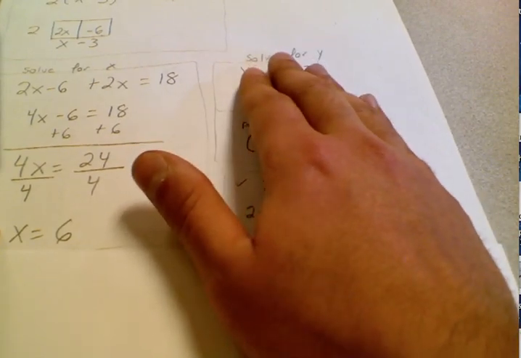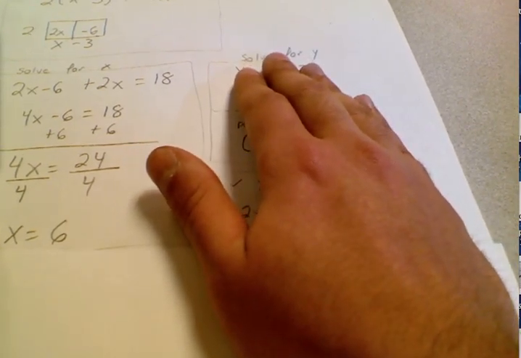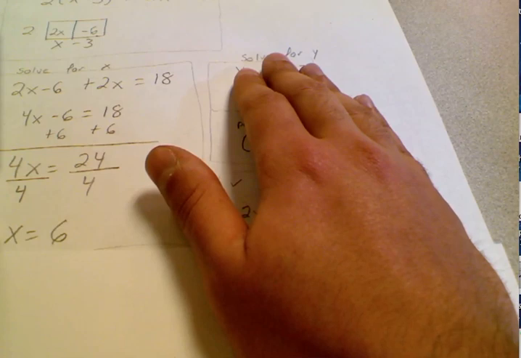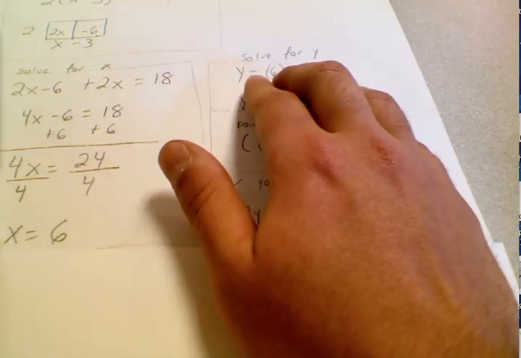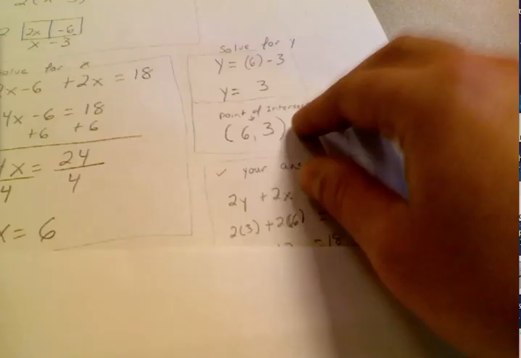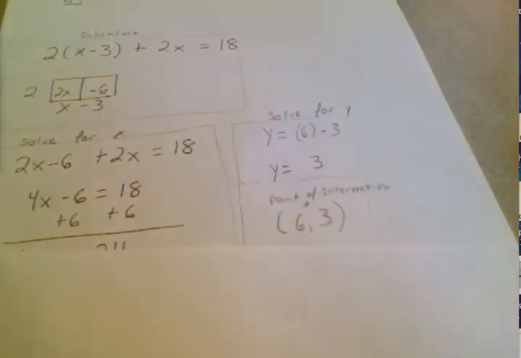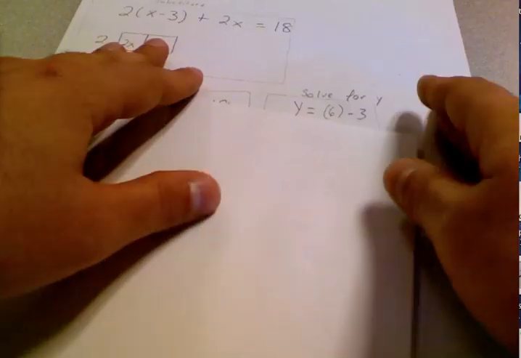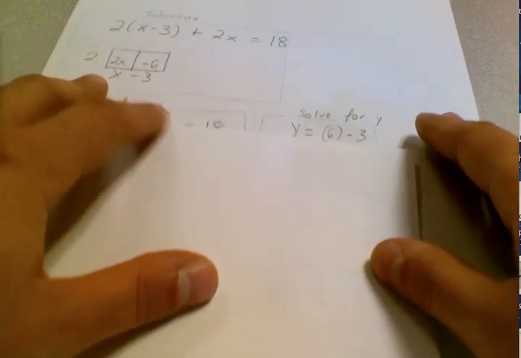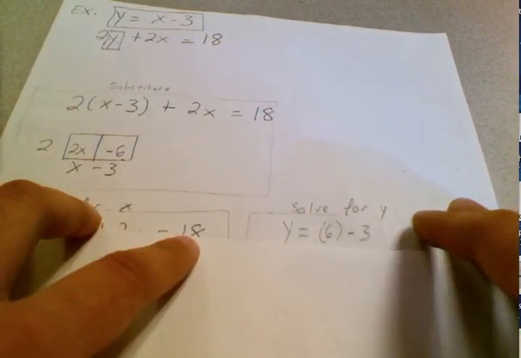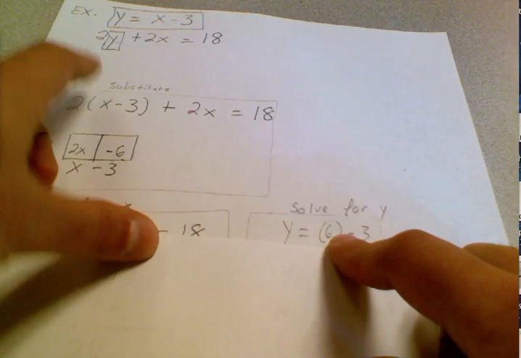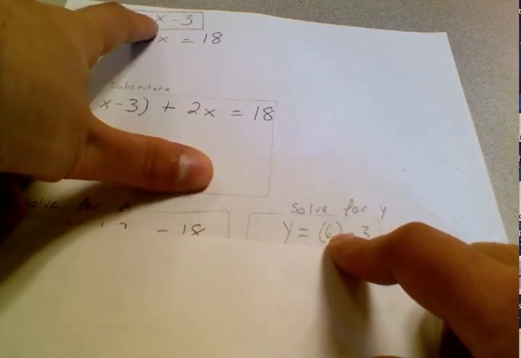Again, remember, we're doing this because we want to find the point of intersection of the two equations, of those two lines. So now I'm going to substitute 6 back into one of the equations and solve for y because I've already solved for x. I'm going to substitute 6 for x in this top equation right here.